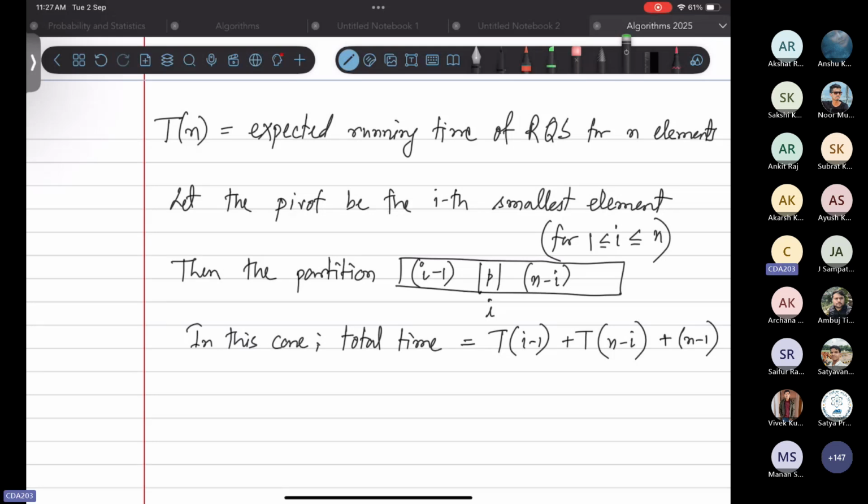Now, I could be anything. It could be the smallest one, I could be 1, or I could be n also, right?